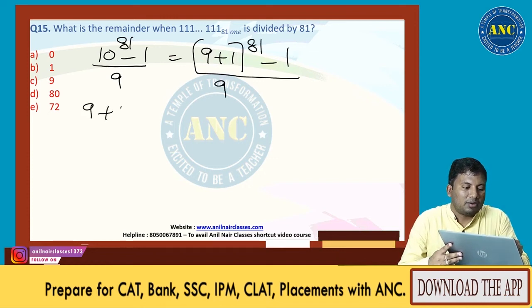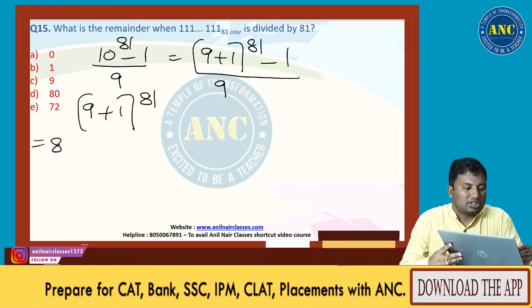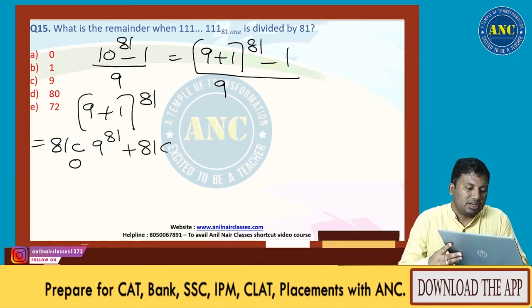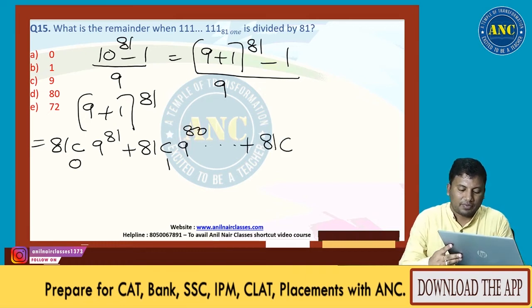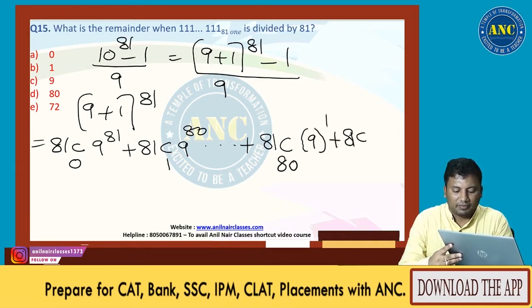Expanding 9 plus 1 power 81: 81C0 9 power 81, 81C1 9 power 80, and so on up to 81C80 9 power 1 plus 81C81 times 1.